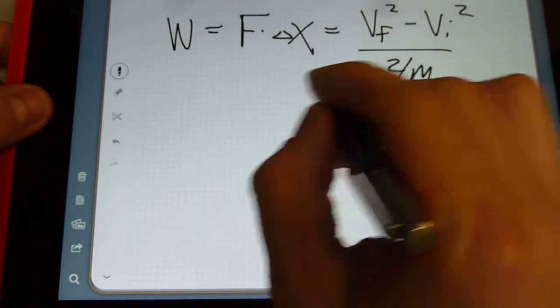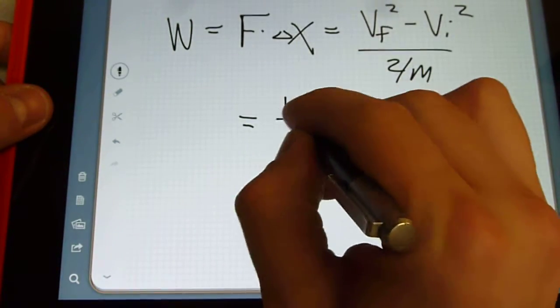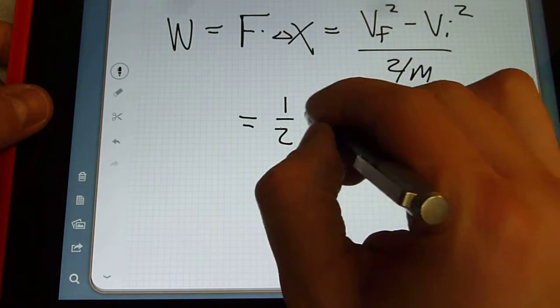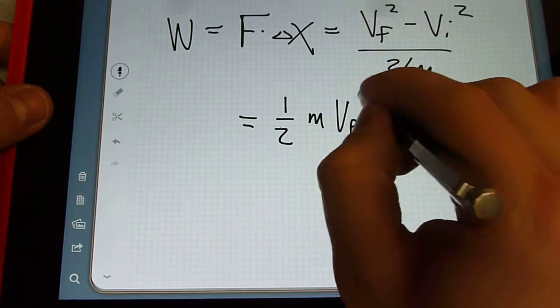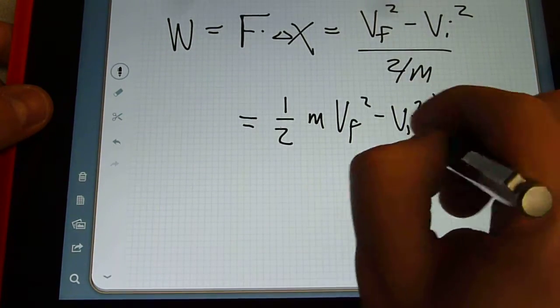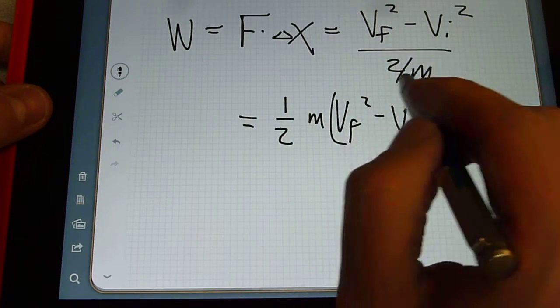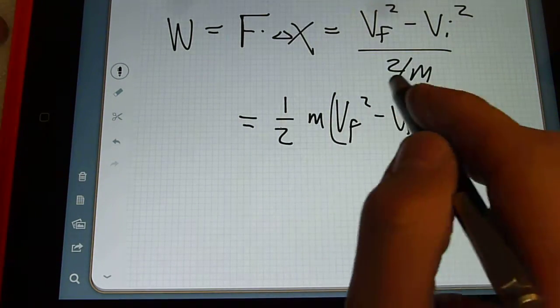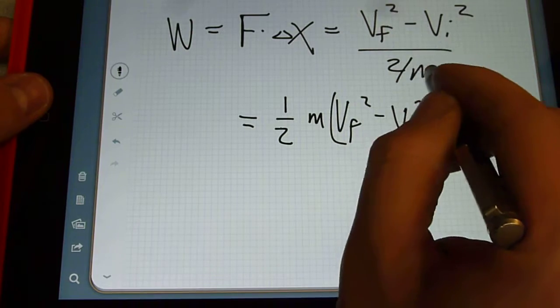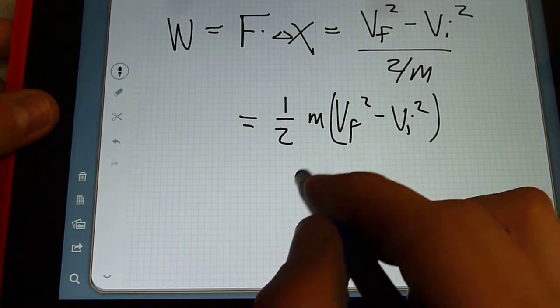Another way to write this is that I've got 1/2 times the mass, Vf squared minus Vi squared. All I've done is make this fraction look a lot nicer by keeping the 2 on the bottom and realizing that when I divide by mass on the bottom, I'm actually putting it on the top.